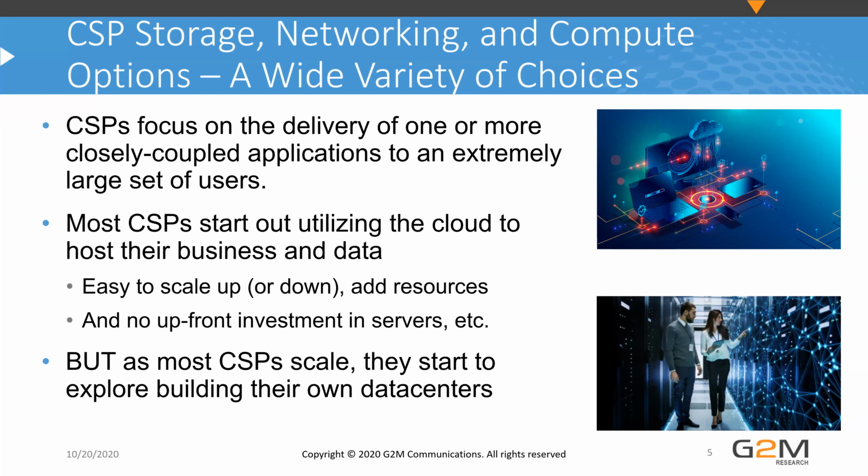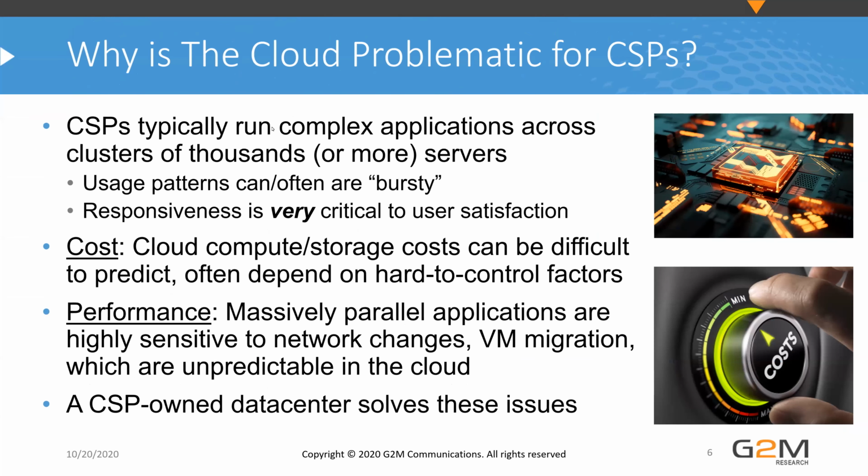The big reason they do it is they want to save money, and they see that as an easier way to do it than doing it on the cloud. So if you think about the cloud, some of the problems that the cloud typically has for cloud service providers is that most of these applications run across thousands or tens of thousands of servers. Their usage patterns can be bursty.